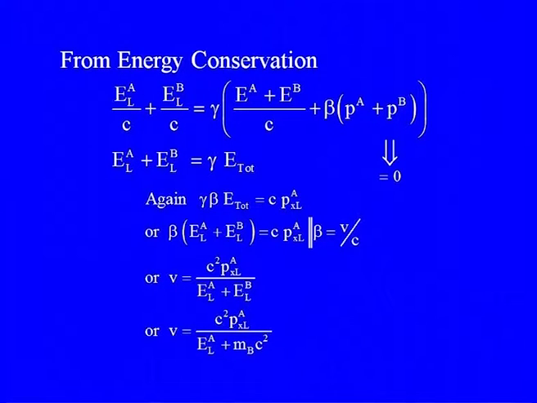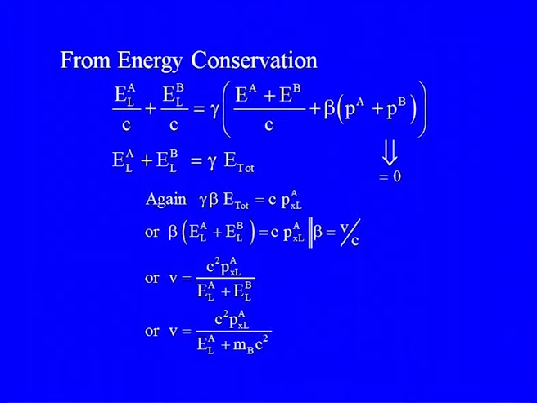You can simply work out that it's c squared times the momentum of particle A divided by the total energy of particle A plus the rest mass energy of particle B. So you have everything in terms of all lab system quantities that you started with.